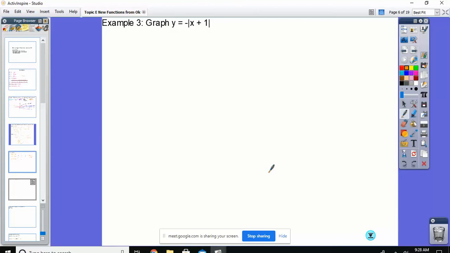Okay. So on this, do you guys remember what your parent function looks like? What does your absolute value graph look like? It's a V. If you don't know, you can always make a table of values.